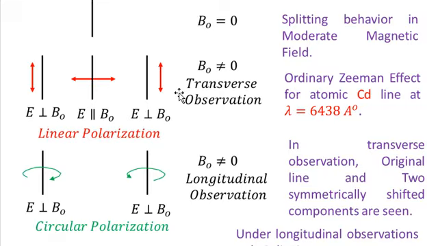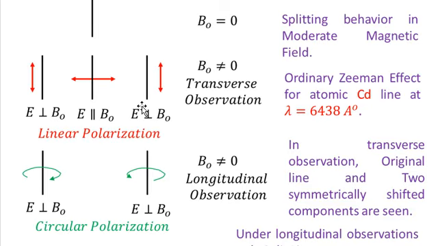In the transverse direction, you will see three linearly polarized lights. One is the unshifted light, the same as when the magnetic field was not present. It has the same wavelength, but now it is linearly polarized with an electric field parallel to the applied magnetic field B naught. In addition, two additional linearly polarized components are also seen.